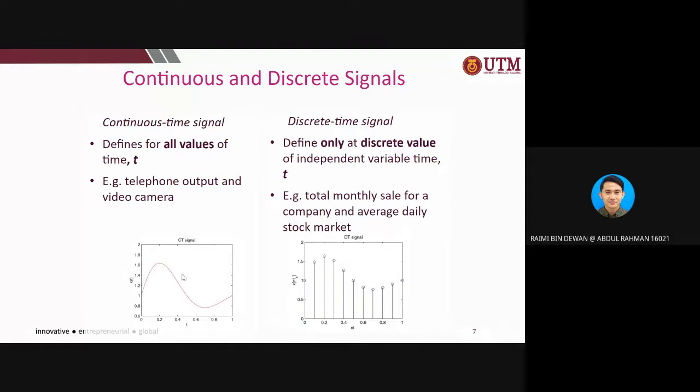You have a continuous flow of time elements: 0.1, 0.2, 0.3, 0.5, and so on. For example, telephone outputs and video camera. Then another one is the discrete time signal. By the word itself, it is self-explanatory: we have signal only at certain times. It is not continuous.